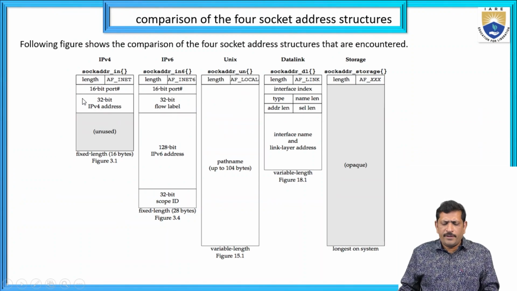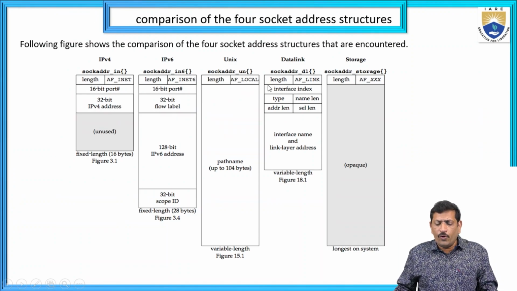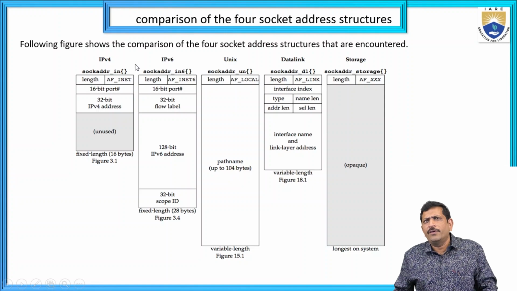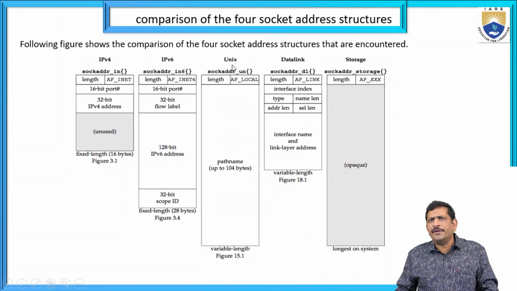So you can see the comparison of the 4 socket address structures encountered: the internet socket address for IPv4, IPv6, Unix, and data link. In the comparison, figure 3.1, the IPv4 structure is fixed length, 16 bytes, with an unused field, and a 32-bit IP address can be utilized in an IPv4 socket address.